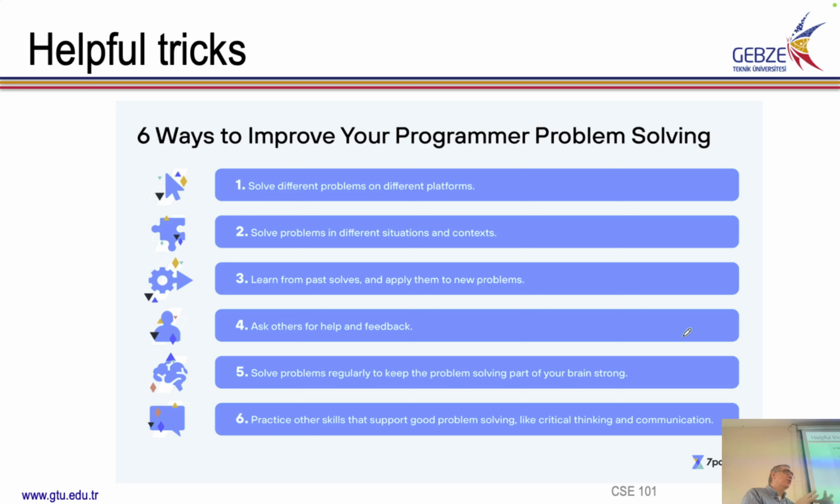Onu da cross disiplin şeylerle çözüyorsunuz. Bazen off-road'a gidiyorsunuz, bazen kampa gidiyorsunuz, yurt dışına gidiyorsunuz, parasız kalıyorsunuz, aç kalıyorsunuz. Bütün bu problemleri çözerken skill'leriniz gelişiyor. Bu önemli.